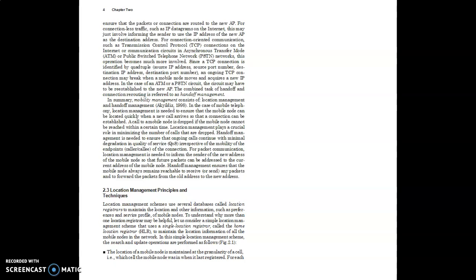For connectionless traffic such as IP datagrams on the internet, it may just involve informing the sender to use the IP address of the new access point as the destination address.